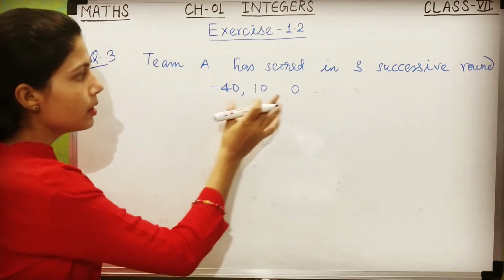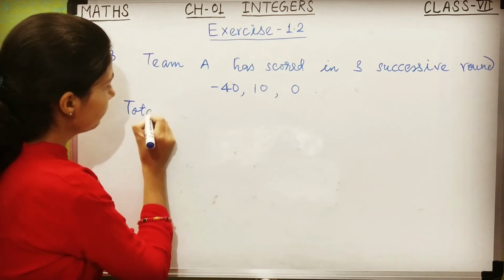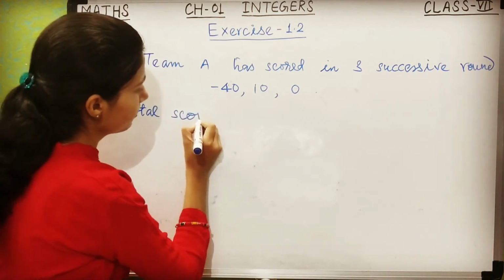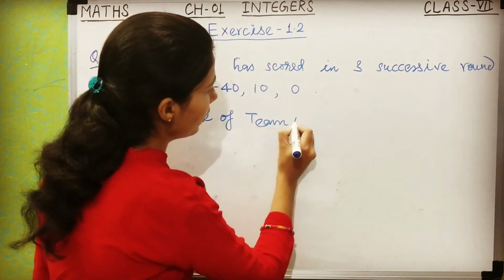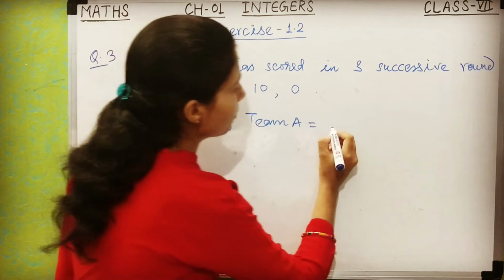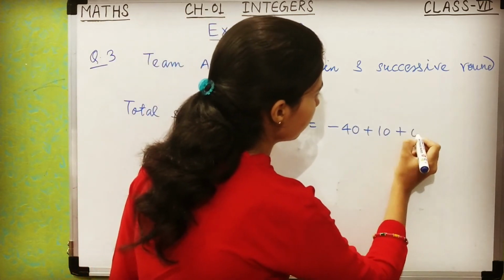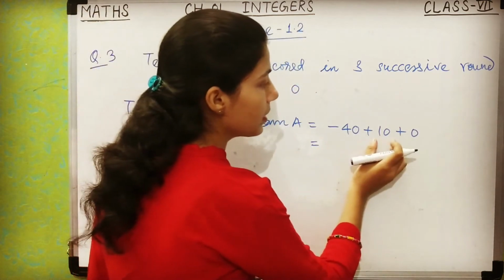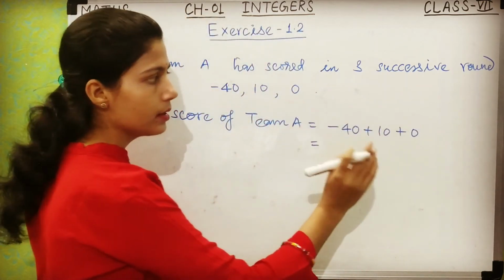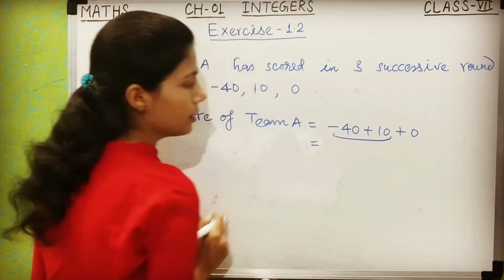So the total score of team A will be what? -40 plus 10 plus 0. Now see here, 0 has no meaning, so no need to consider it, we will take only these 2 integers.